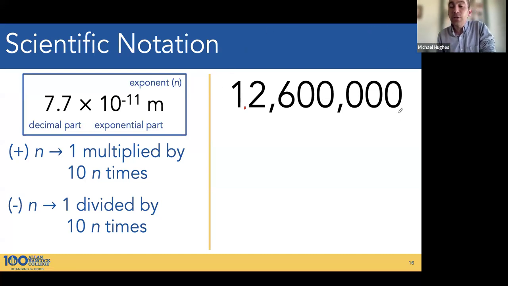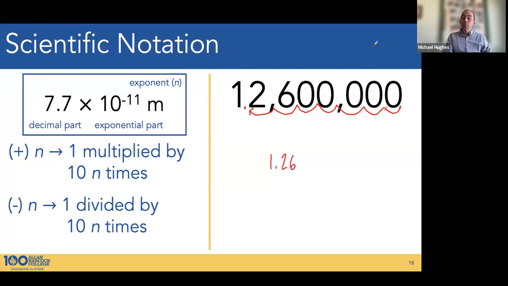And there is no starting decimal point. We'll add one in, more on that in just a second. This isn't a number that necessarily has significant digits, but we'll put a number here and count. We're going to go in the positive direction 1, 2, 3, 4, 5, 6, 7 times.